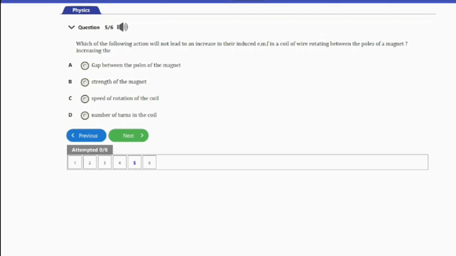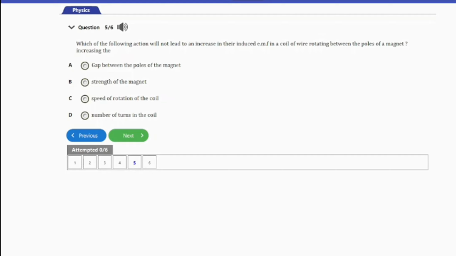So guys, the only option here that will not lead to an increase in the induced EMF in a coil of wire that is rotating between the poles of a magnet is option A, that's increasing the gap between the poles of the magnet. So that's it for this question, and option A is the answer to this question.